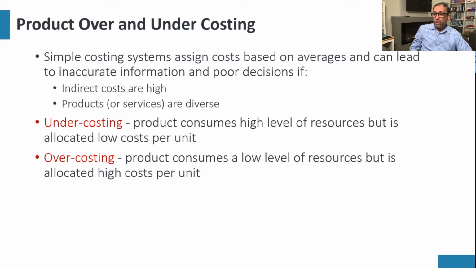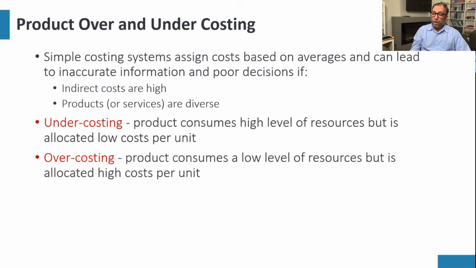So we define it as taking an average. A simple costing system assigns cost based on average and can lead to inaccurate information and poor decision making. Definitely, if the information is incorrect, the decision is also not going to be good.